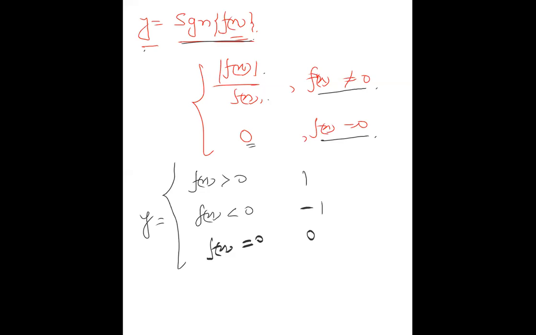So note down please. Now when we have to draw the graph, we only have to see whether the function is positive or negative or 0. Since if we are saying we have to draw signum of sin x, we know that the graph of sin x is something like this.